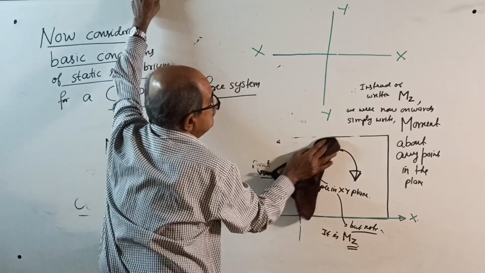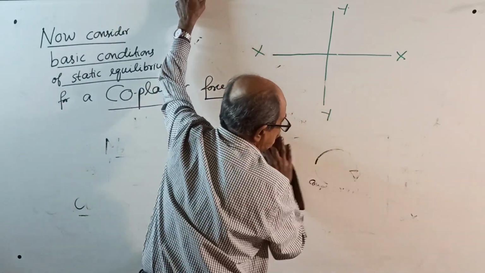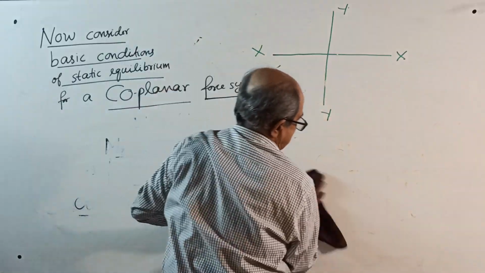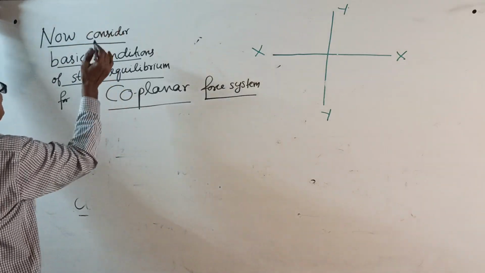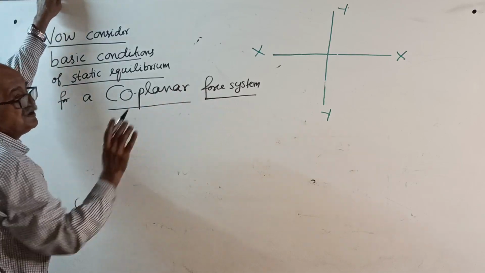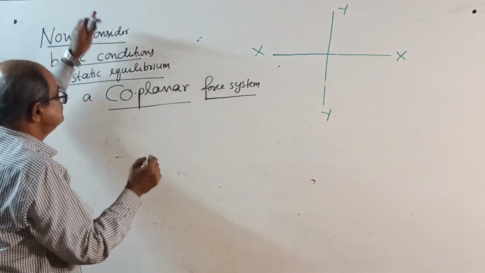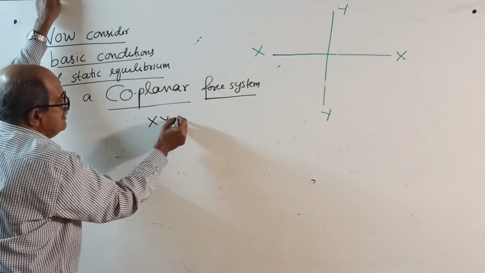Okay, same thing. This all I remove now. I'm not clearing the board too much because it's the ending part of this one. Now consider basic conditions of static equilibrium for a coplanar force system. For a coplanar force system, right here, we will consider the XY plane.